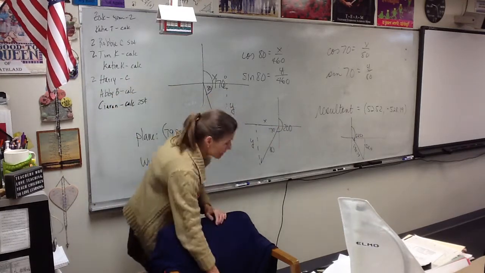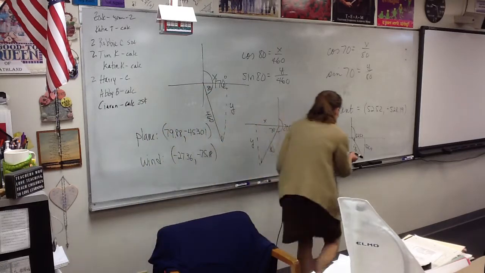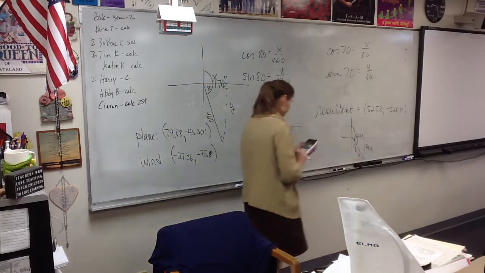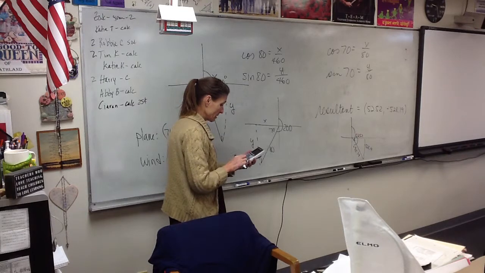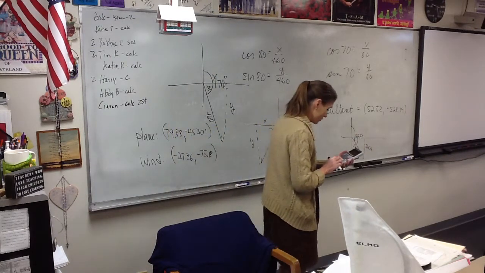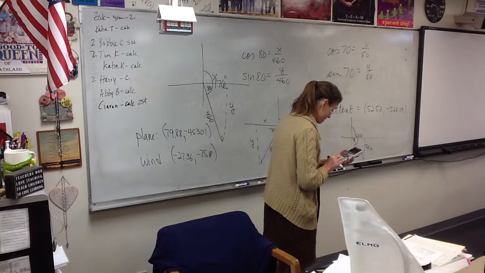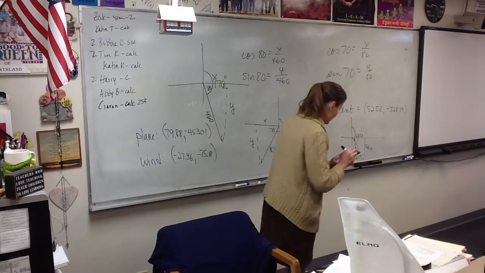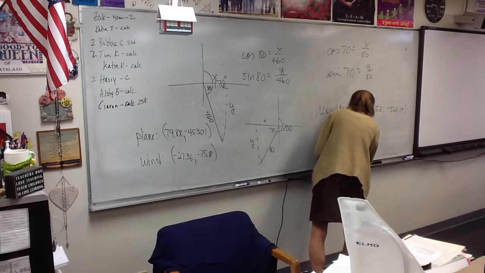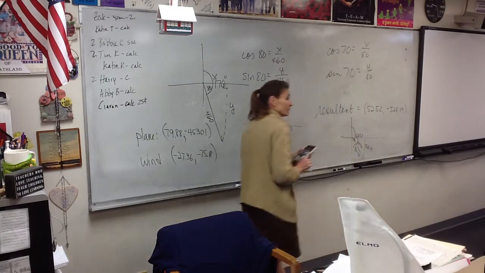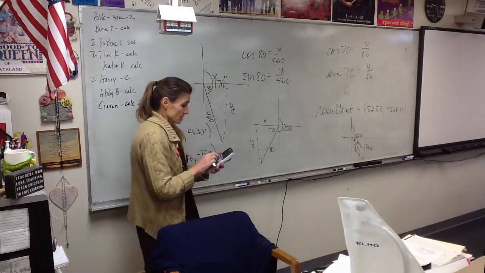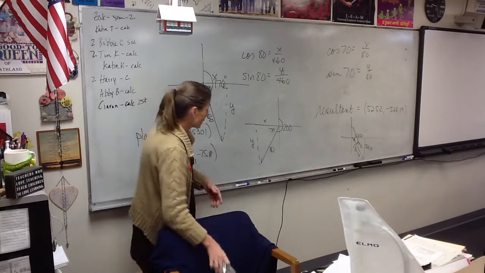Now, what about his direction? Can we find this angle right here? How would we find that angle? Second tangent. Very good. You guys are on it, those of you that are awake. I got 84.32. So what is his actual direction?